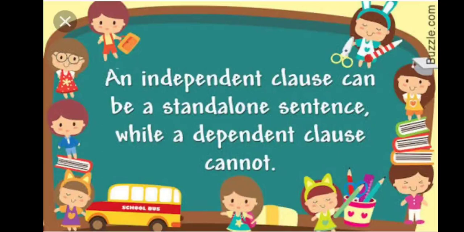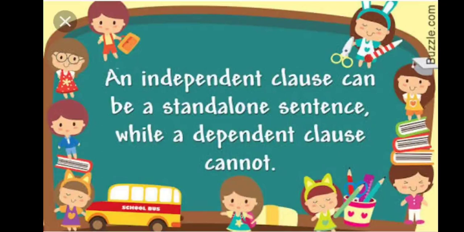So again, see the screen, read it. Can we read it together? An independent clause can be a stand-alone sentence, while a dependent clause cannot. Can we read that again? An independent clause can be a stand-alone sentence, while a dependent clause cannot. What do you understand from this line? Yes, absolutely.